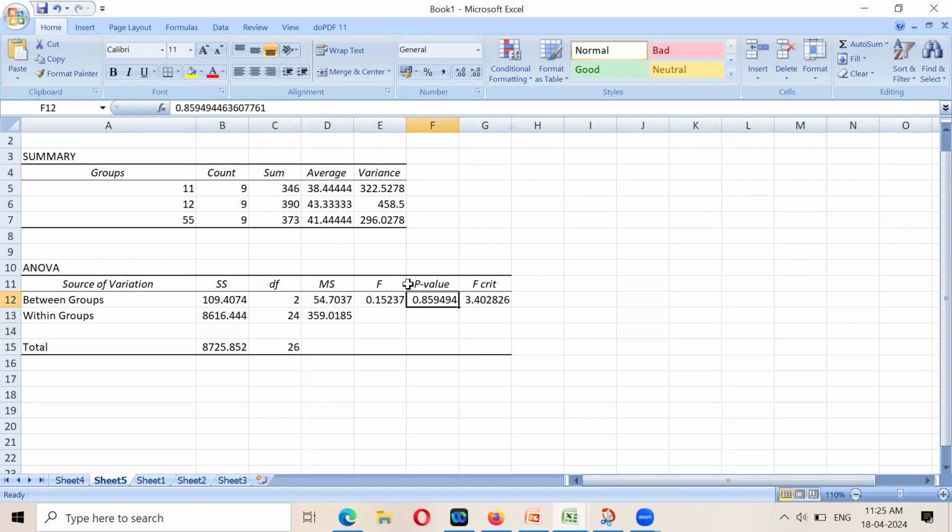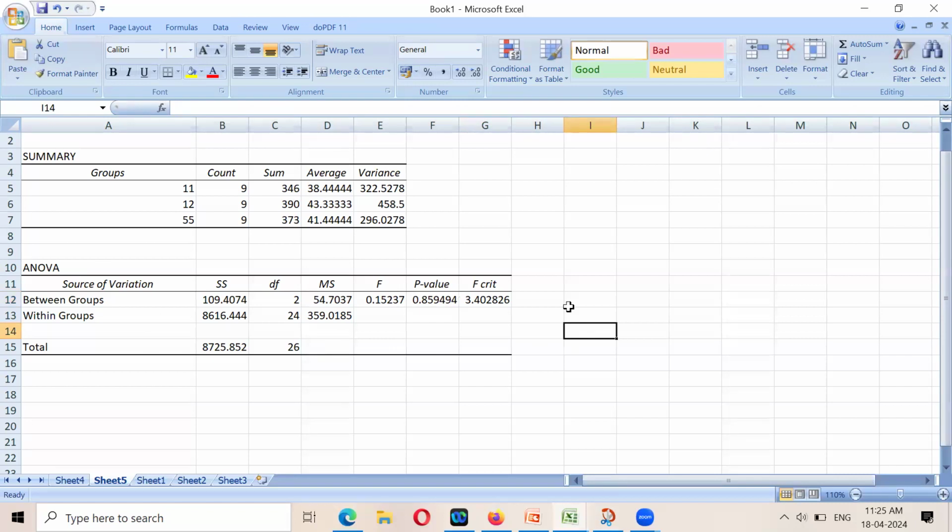So from the P value and F value we decide the ANOVA test's performance, whether to support or reject the null hypothesis. But here we have taken data randomly, so the reason is we are getting a P value greater and an F value smaller. So this is the ANOVA summary table of the one-way ANOVA.